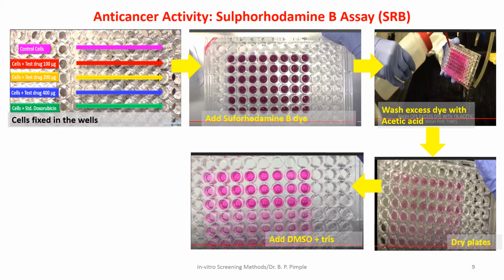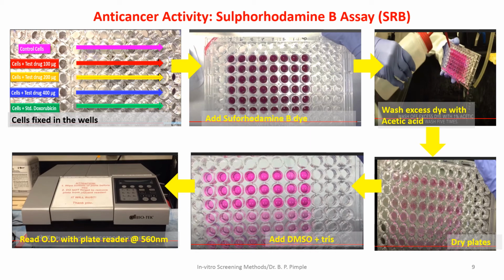So you can see here the different shades upon addition of DMSO. The upper three rows clearly show high intensity color. Now, this color is to be measured at 560 nanometer with a plate reader.